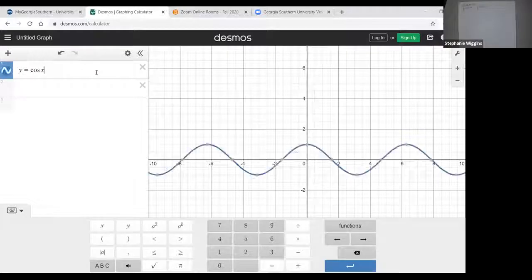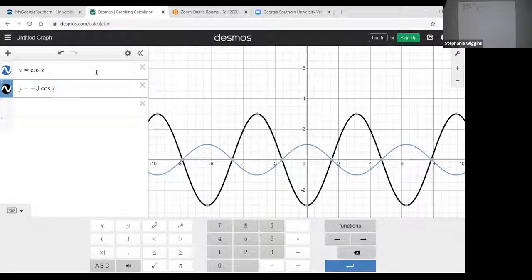Okay, so here is the cosine function. If I want to have an amplitude of, let's say I want -3 cosine x. Now, you see that negative in front? What it does is it takes, this is a valley, right? It becomes now a peak when I multiply by negative.